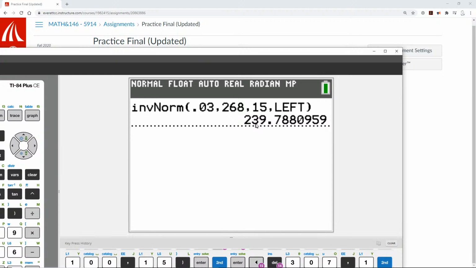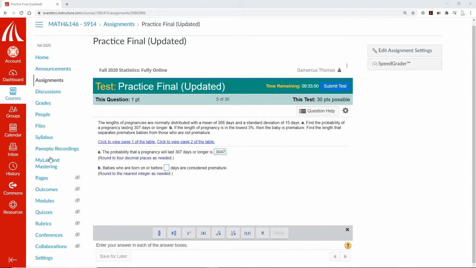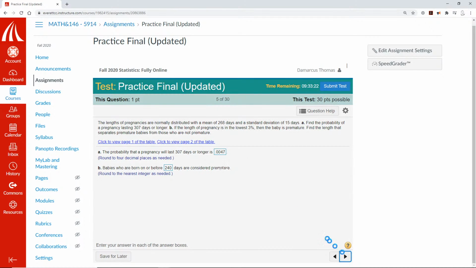So I'm going to round it up to 240 days. That is the number that separates the premature babies from the not premature babies. 240 days is the benchmark. So if you're at 240 days, you are in the lowest 3%. Let's put that in there. And so that's how you would do that.